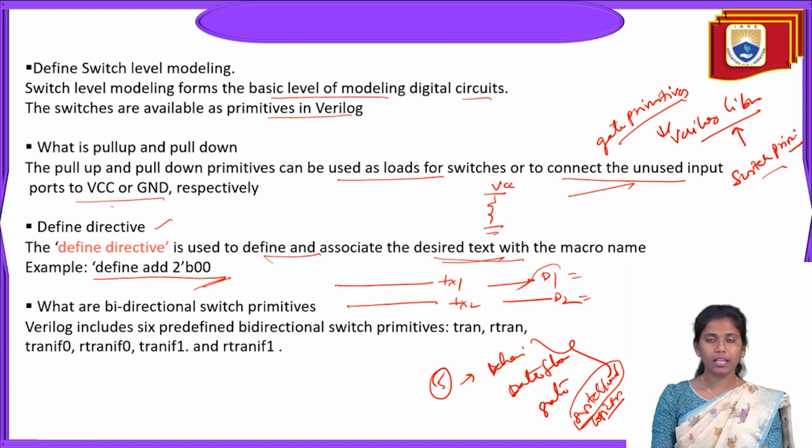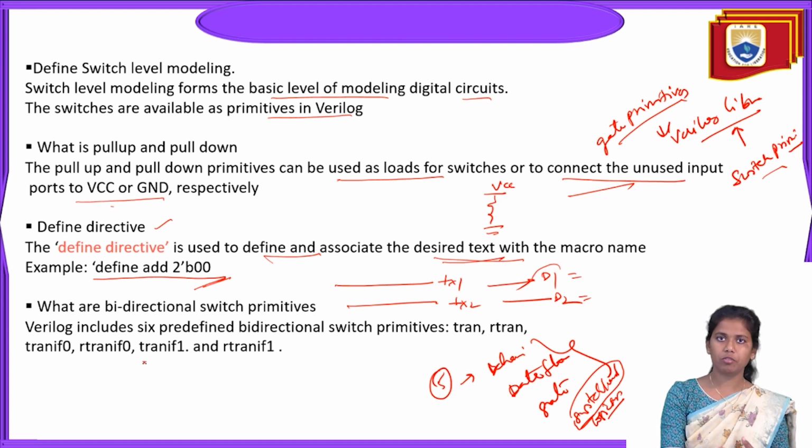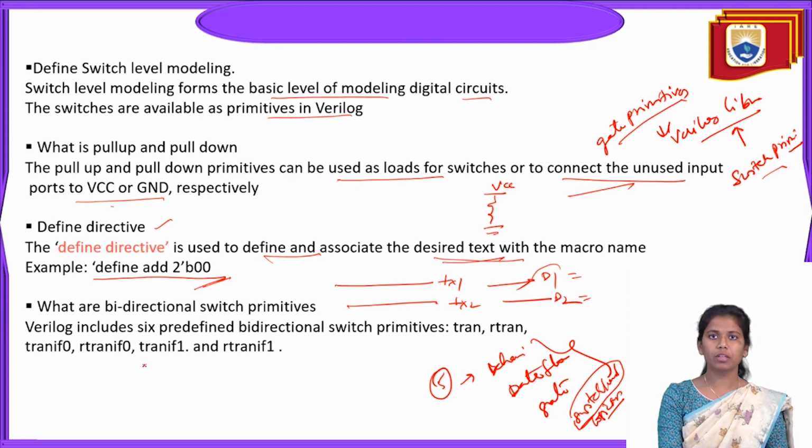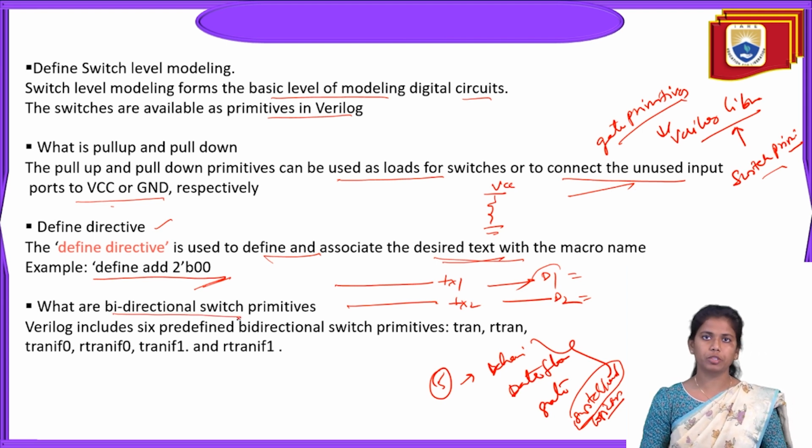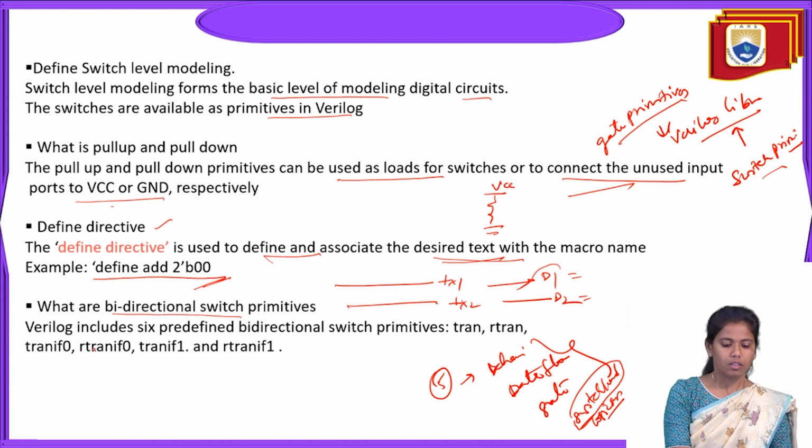Coming to the bidirectional switch primitives. As we know, in the Verilog library we can easily access some switches. One of the switch primitives that we can grab from the Verilog library is the bidirectional switch primitive.